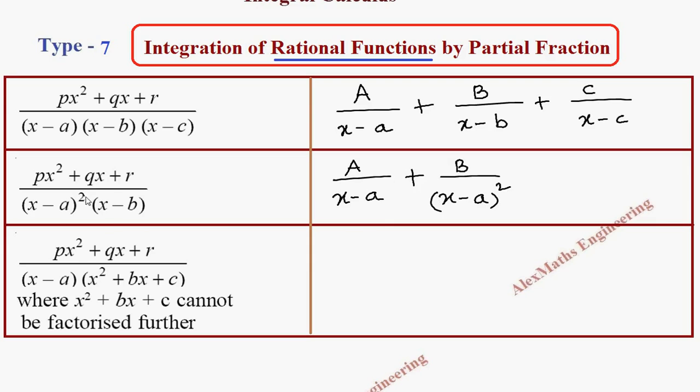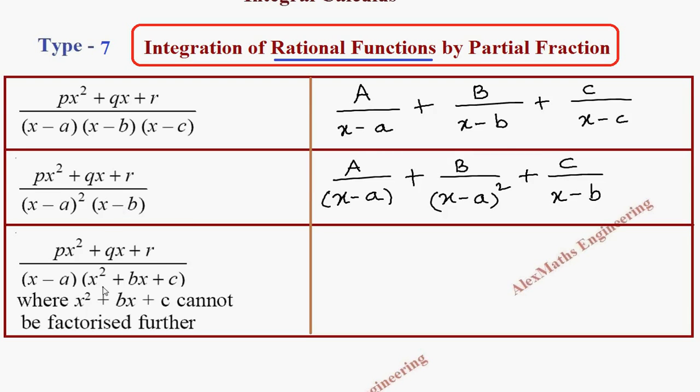Suppose there is a power 3, then we write a by x minus a plus b by x minus a whole square plus c by x minus a whole cube. But we have a square, so we write power 1, then power 2: a by x minus a plus b by x minus a whole square. Then for the third factor, x minus b, it is similar to the previous one, so we just write a constant by the third factor x minus b.